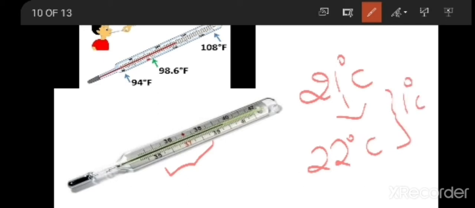The mercury present in the thermometer will also rise 1 centimeter only. For every 1 degree Celsius, it is going to rise 1 centimeter. If 2 degrees have increased, it is going to rise 2 centimeters. That is called a uniform expansion.